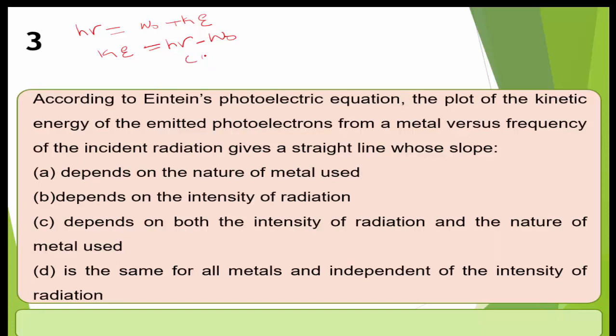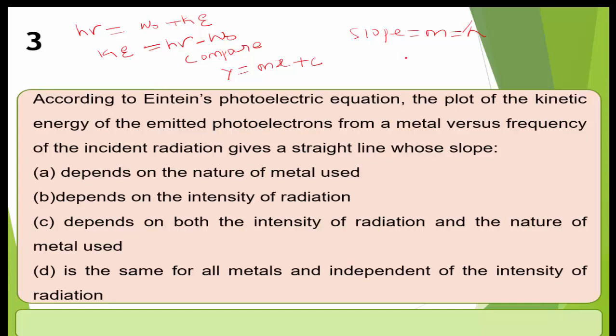Compare this equation with the straight line graph, y is equal to mx plus c. Here slope m is equal to h, which is Planck's constant, and it is same for all the metals and independent of intensity of radiation.